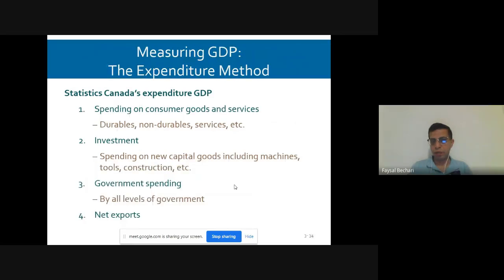So measuring the GDP, the expenditure method is usually what Statistics Canada uses.